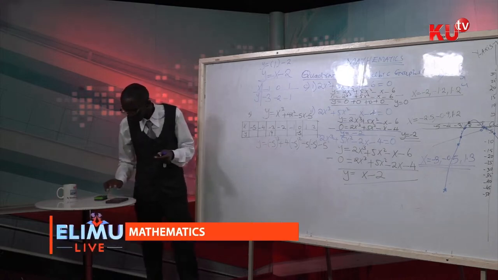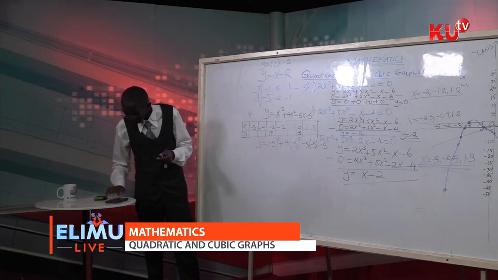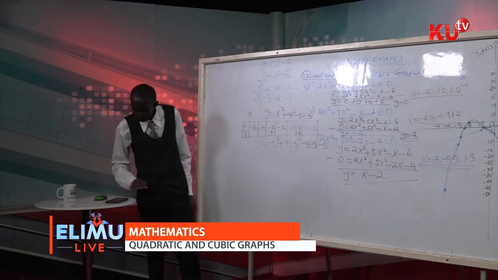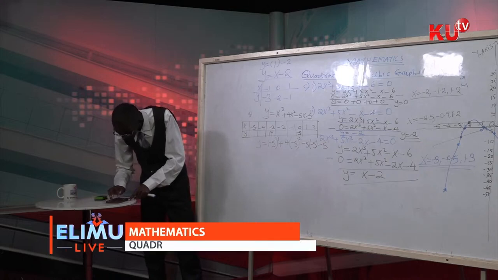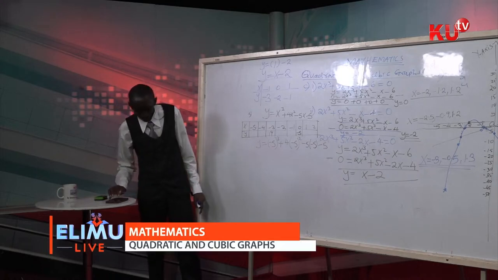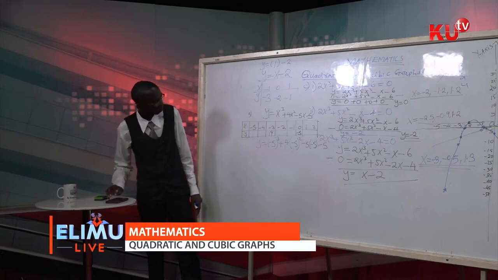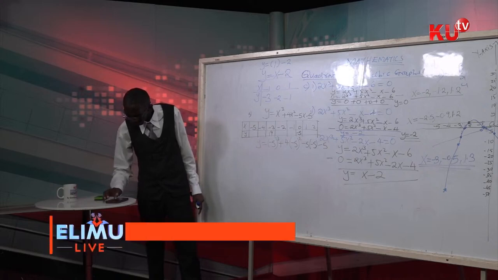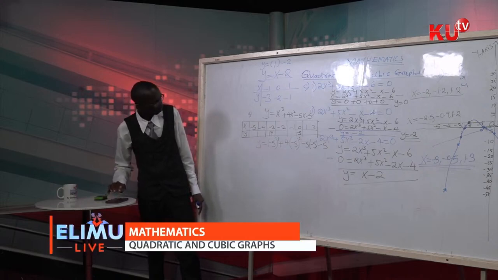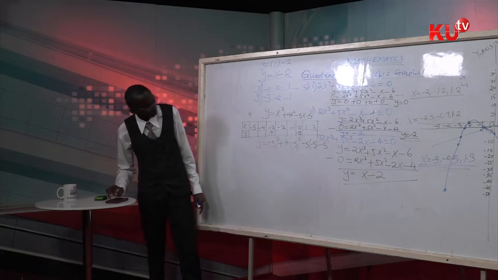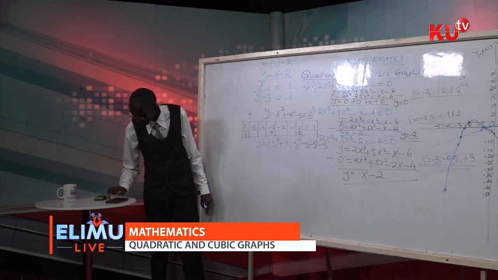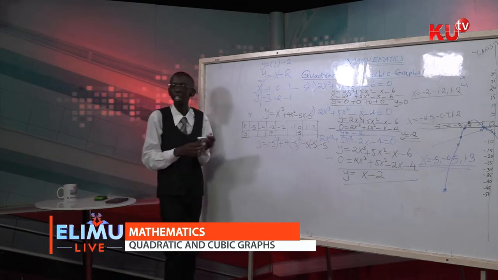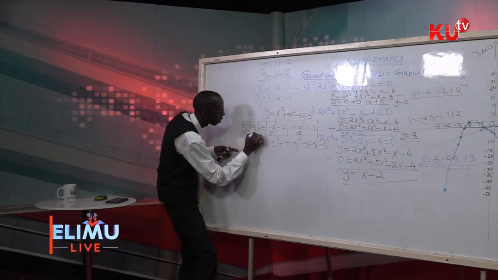Let us see the value that we're going to get. For -5, use your calculator: (-5) cubed, plus 4 (-5) squared, minus 5 (-5), minus 5.